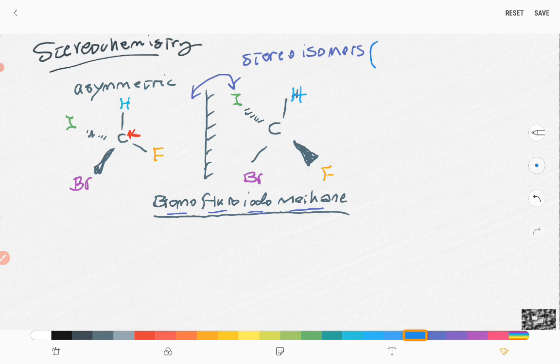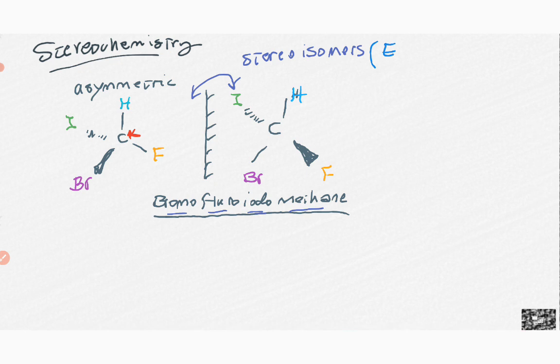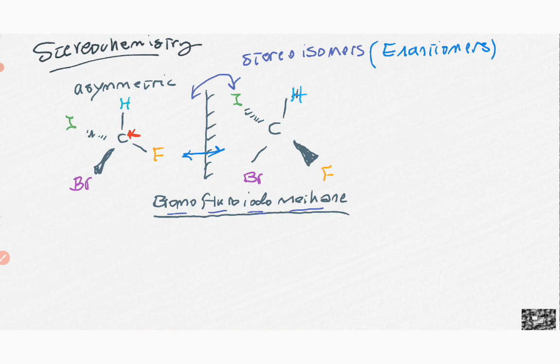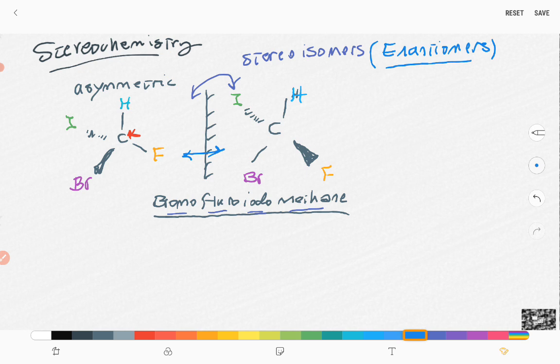In this example, the stereoisomers are called enantiomers. So you have two enantiomers, and they are stereoisomers. What is the type? Enantiomers.